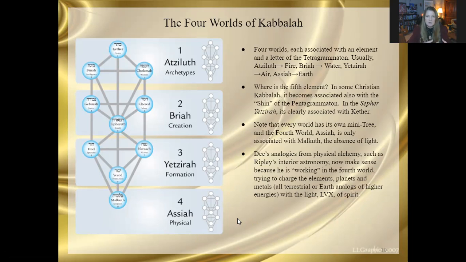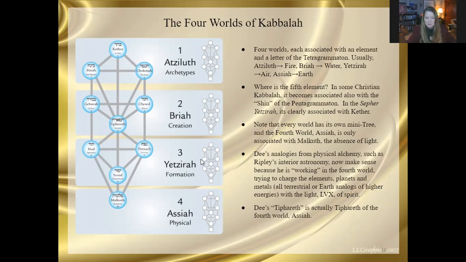He's trying to charge the elements in Assiah, the planets, metals, all these terrestrial things, because they're in Assiah, with more heavenly analogs. Okay. And so, yes, we realize this Tiferet is actually the Tiferet of the fourth world, the world of Assiah, the world while we're still alive, the world of action.